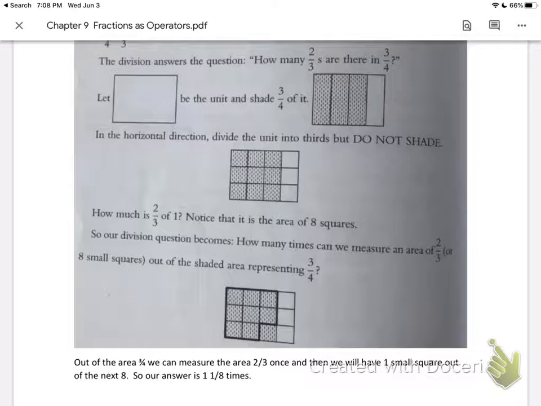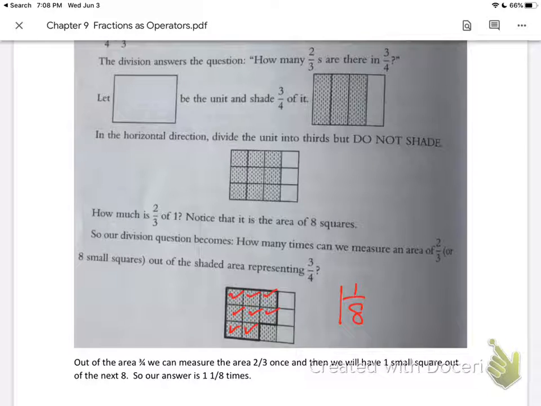So let me go to the next page so I can see this better. Okay, so you know that 2/3 of a whole is the 8 squares. So here is 1, 2, 3, 4, 5, 6, 7, 8. So you can put it in, that's 8 squares, one time, and then you have 1 square left, so you have 1/8.